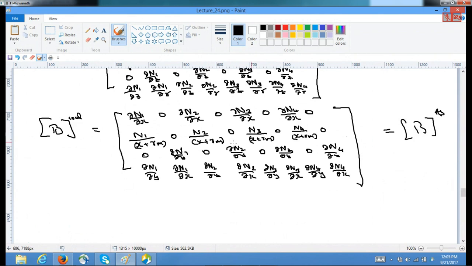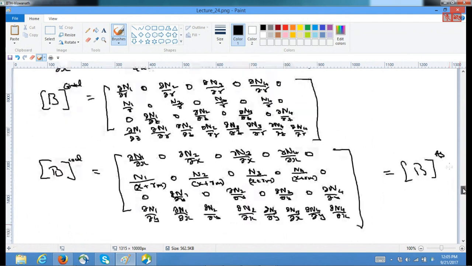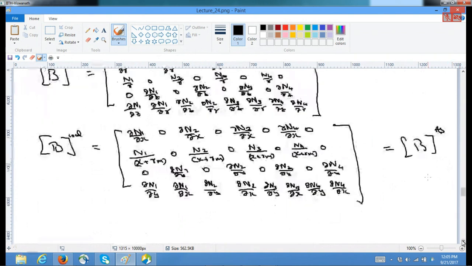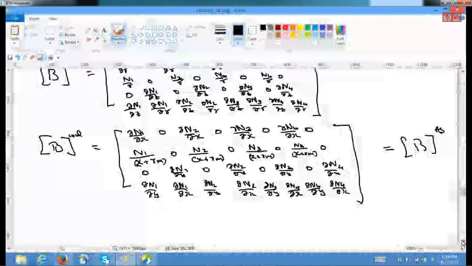We have represented it this way because we know our shape functions and their derivatives with respect to x and y. This was the same element, same things which we obtained in the previous case for plane stress and plane strain. The same thing has been used here as well, except that our B matrix has a slightly different shape, size and entries compared to the plane stress or plane strain condition.